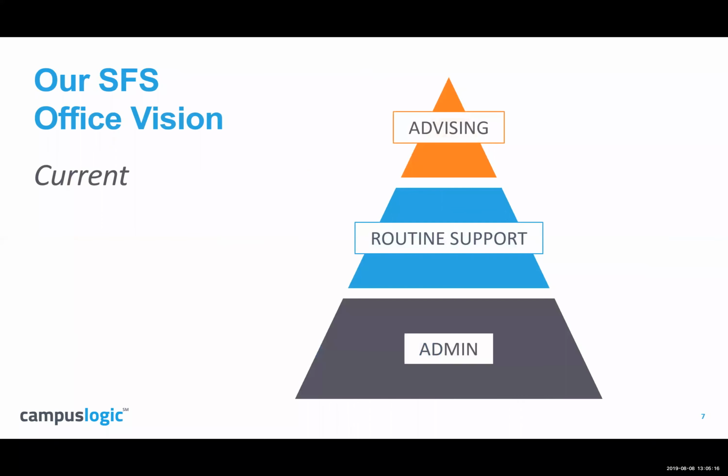But when we started as a company, we looked at the financial aid office, and this may not apply to your institution, but as we looked at a lot of aid offices, what we found was a triangle that looks something like this. If you consider each of these bands to be where the professionals in the office were actually spending the most time, they were spending a lot of time on administrative work: document collection, reviewing files, following up with students, packaging, refunding, those types of activities.